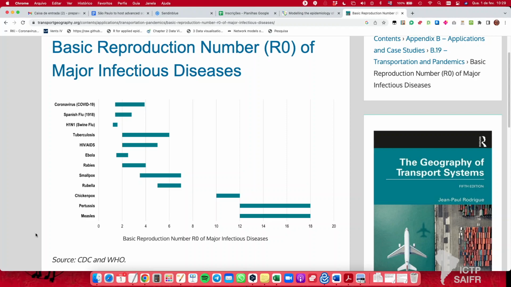That would be to have the initial population not all susceptible, because here we are in the approximation of the whole population initially susceptible. One way of having a smaller susceptible population is vaccination.